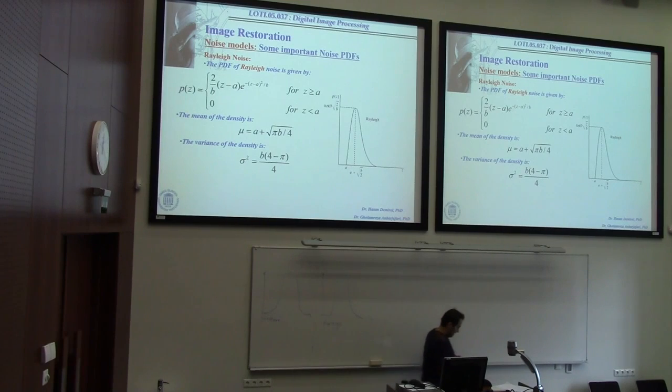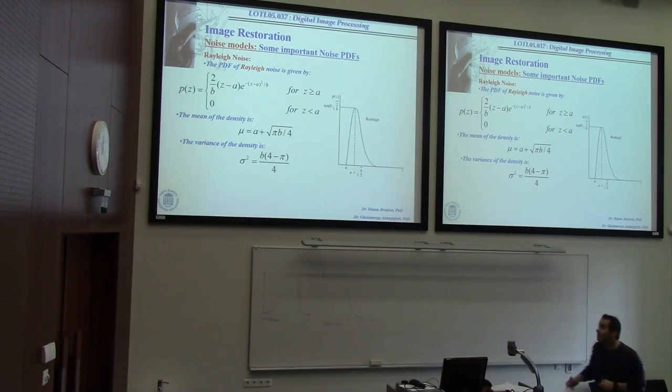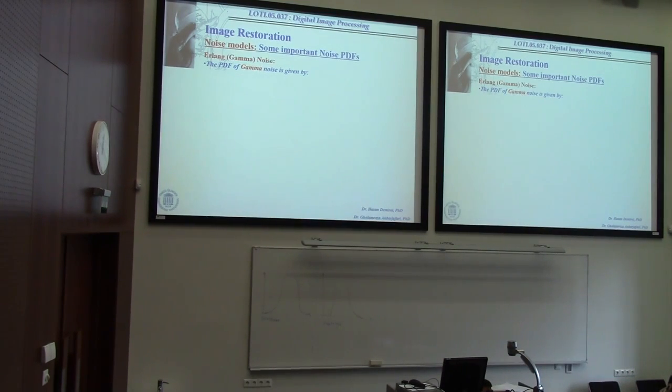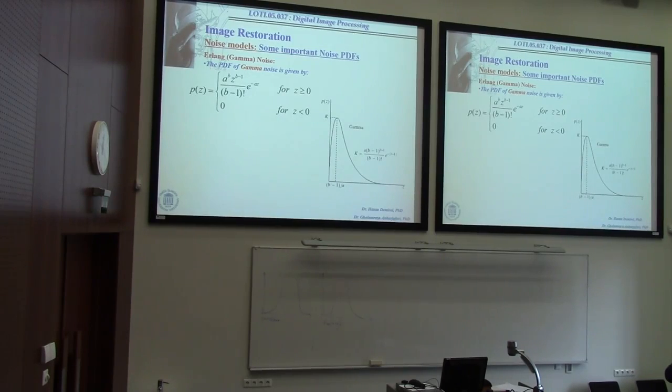Okay. The next noise is the gamma noise. And also you can see the PDF of this function, and also the function you can find it here. Also we can find the mean and the variance of the function by using this equation.